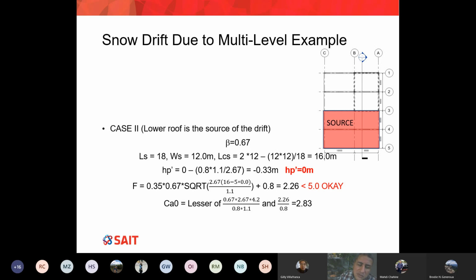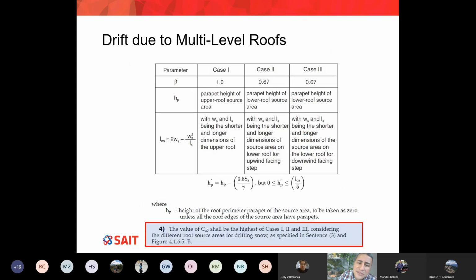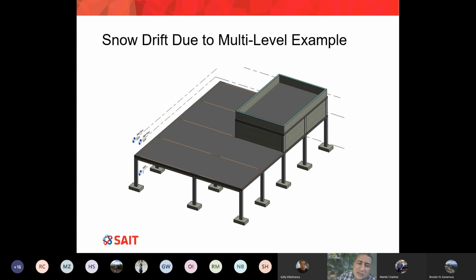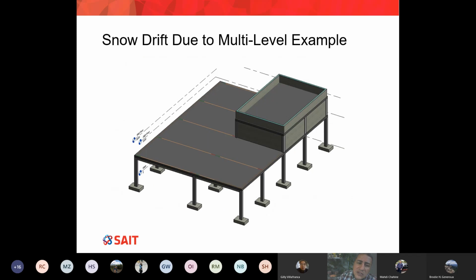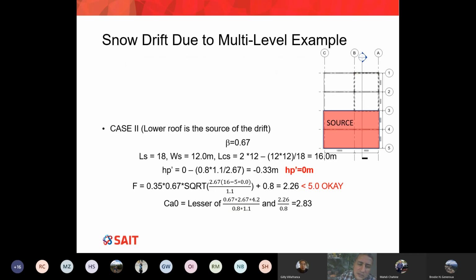The next step is you need to find H prime P, and H prime P is connected to the HP. Remember, HP is the height of the parapet on the source. In case number 2, the source is the lower roof, and if you look at my 3D, let me go back to my 3D, you can see the lower roof doesn't have any parapet, which means HP is equal to 0, and it means 0 minus 0.8.